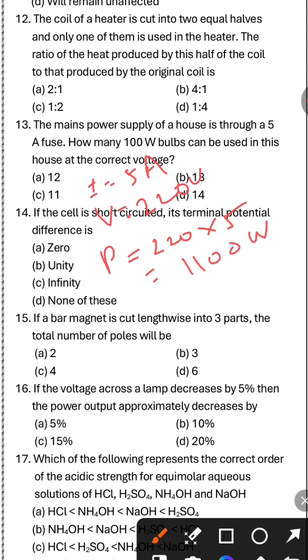If power of each bulb equal to 100 watt, then number of bulbs N equal to 1100 divided by 100. Therefore correct option is 11, option C.